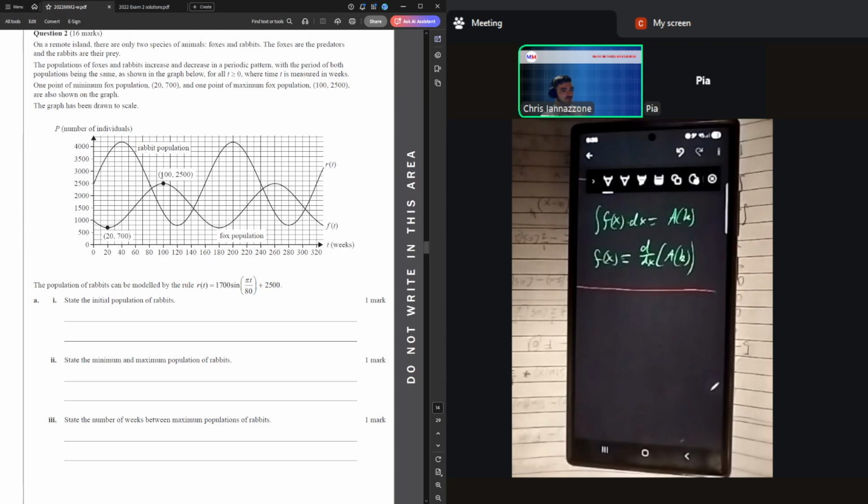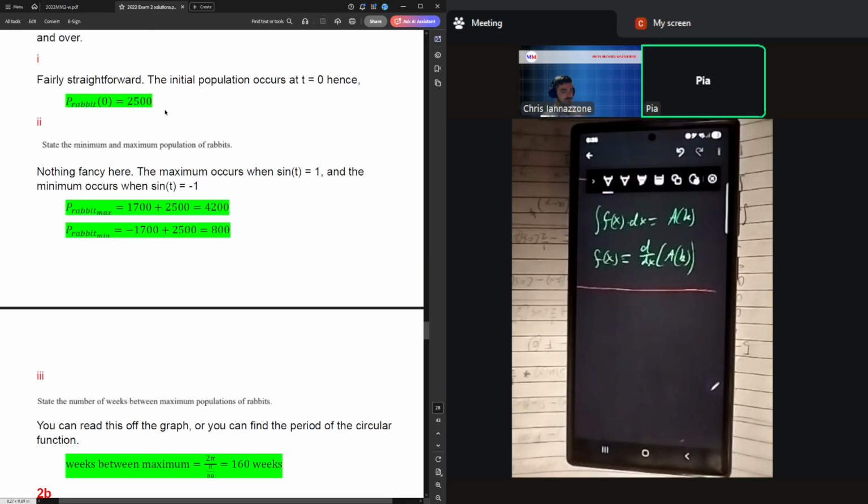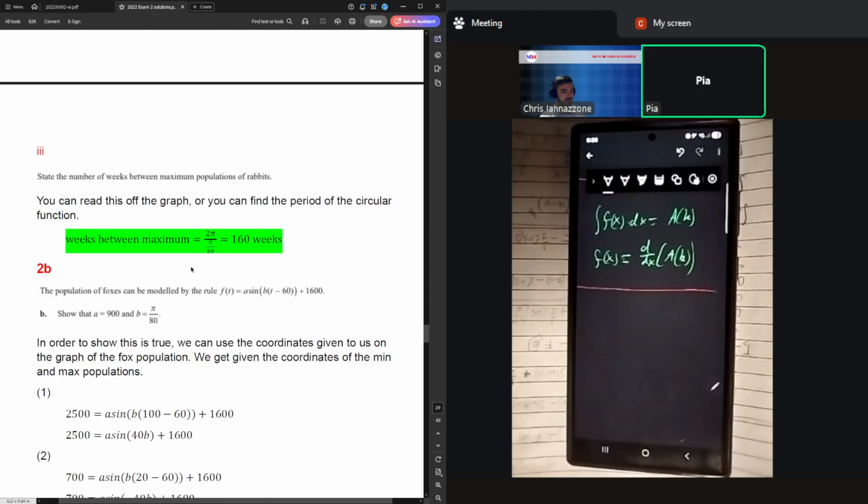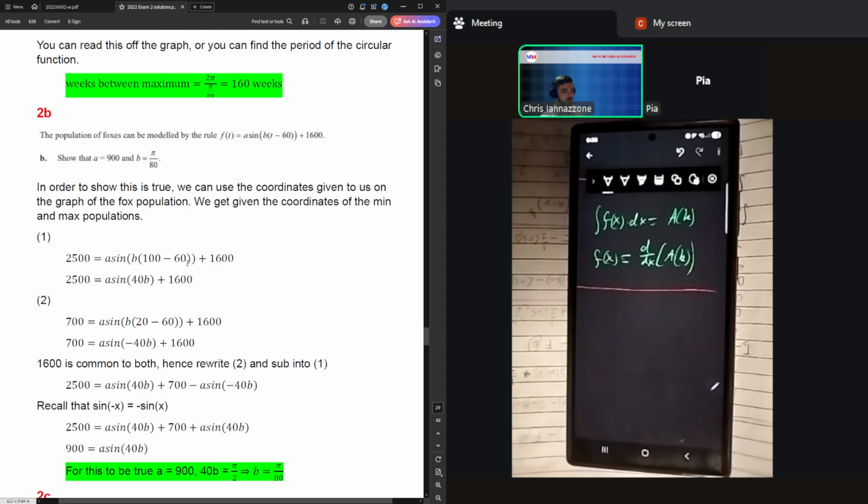Because it's foxes, you're subbing in these points. Perfect, that's a really good idea. That's the solution that I have up here in the written version, which is sub in those points. You get two equations with two unknowns, A and B.